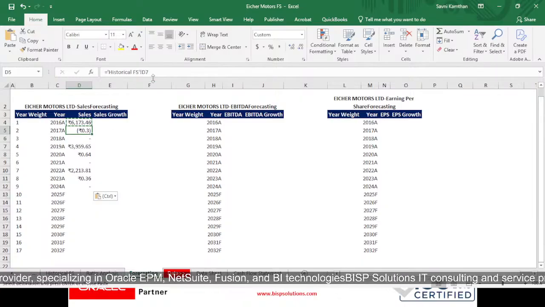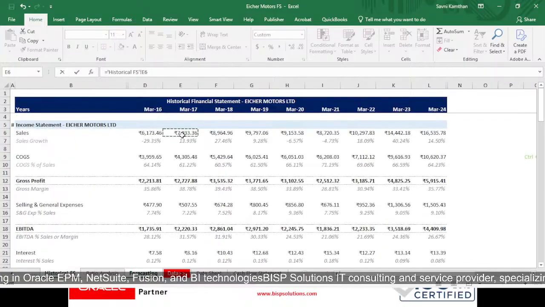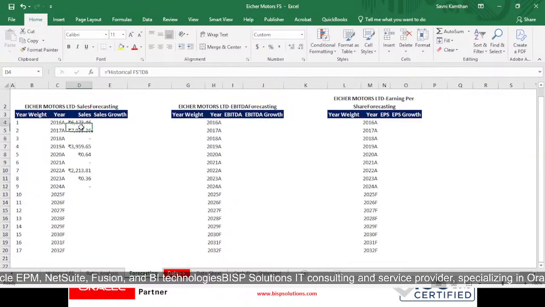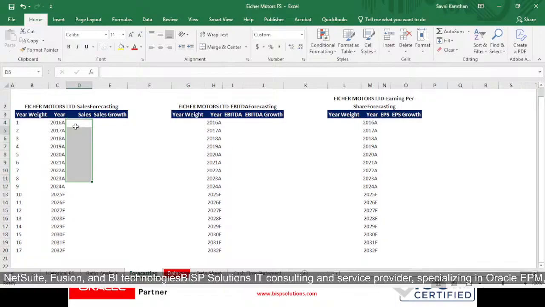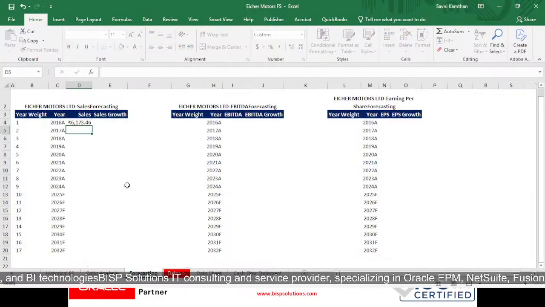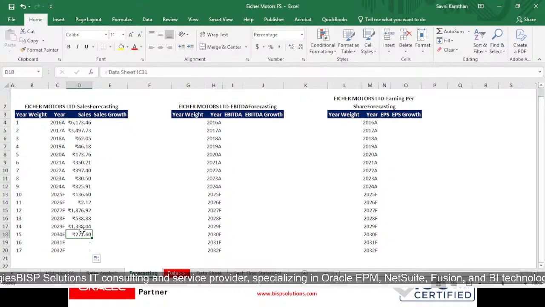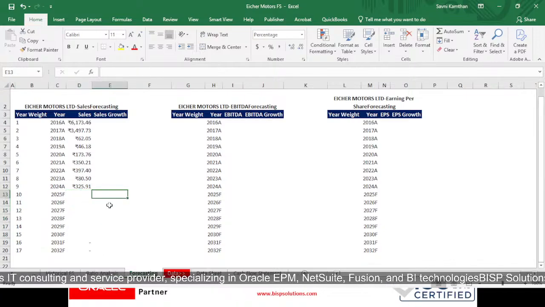So it will be taking different data, or we can do one thing for sure, equals to data sheet. So yeah, it is taking the whole data, right?